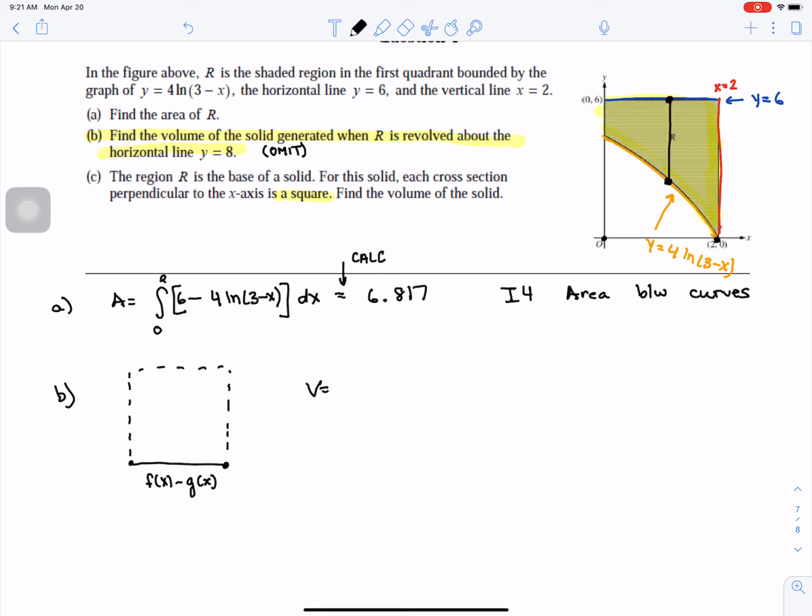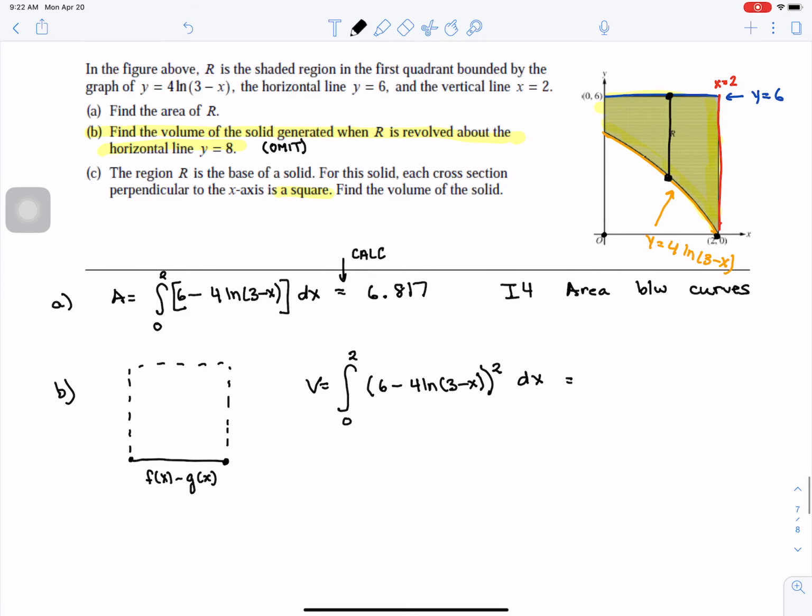The area of one cross section would be base f of x minus g of x, so 6 minus 4 ln 3 minus x, squared. For the volume, I would take the area of each square in that interval from 0 to 2, and integrate with respect to x. When I do this, you should get that the volume works out to 26.267. Sorry, that's part C because we've omitted part B.